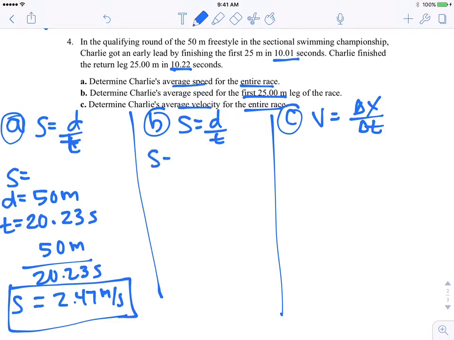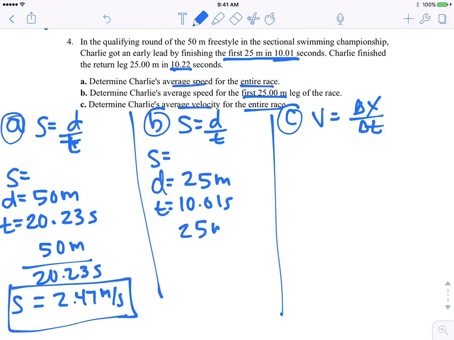The next one is asking again for his average speed, but for the first 25 meters. And it says here that the first 25 meters he was able to complete in 10.01 seconds. So our time is 10.01 seconds, and the first leg was 25 meters. So again, we're going to put D over T for our speed equation.